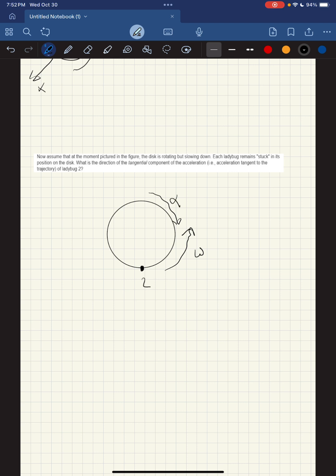The angular acceleration would be counteracting the angular velocity. So the tangential acceleration should also be pointing approximately that way, which in this case is the negative y direction. So the tangential component of the acceleration on ladybug 2 is in the negative y direction.